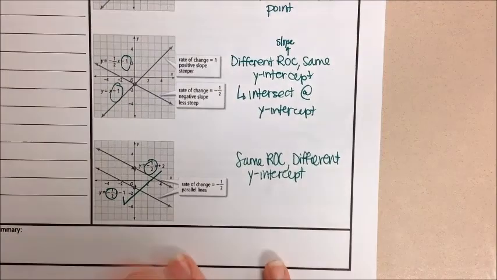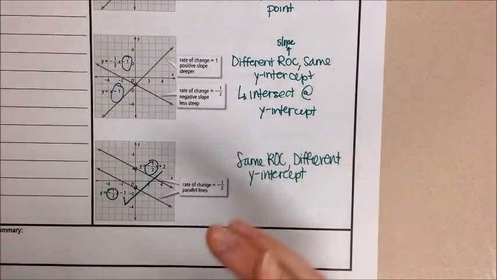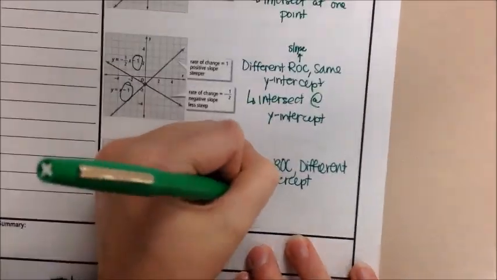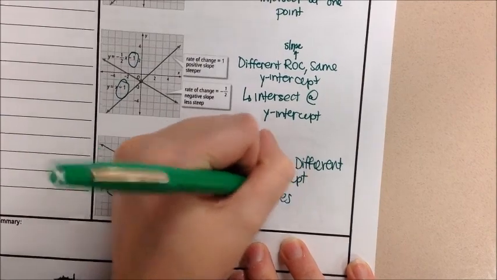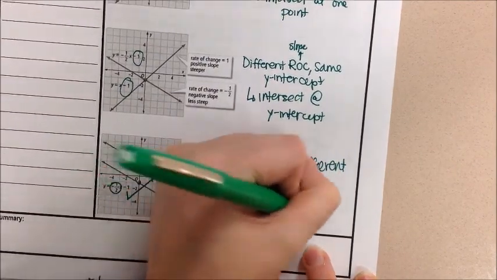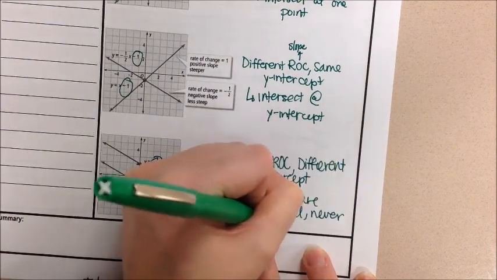What do you notice? They don't ever cross. Do you remember what that's called when they don't ever cross? That's parallel. So lines are parallel, never intersect.